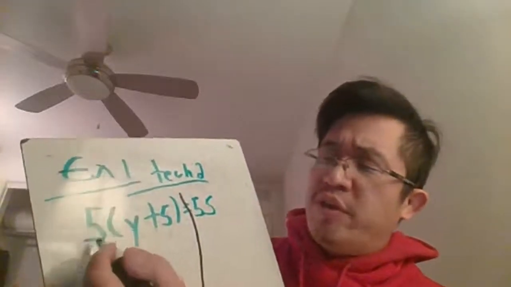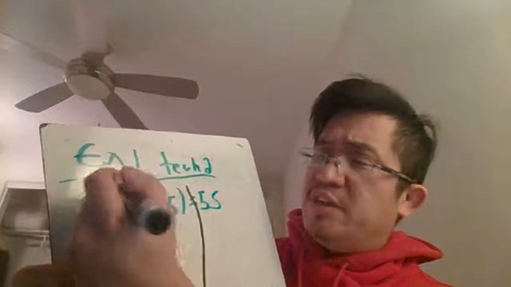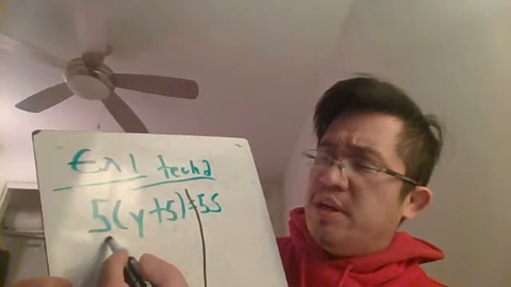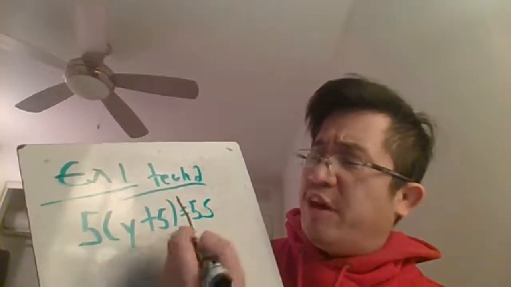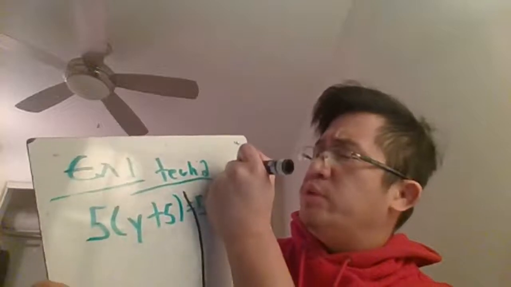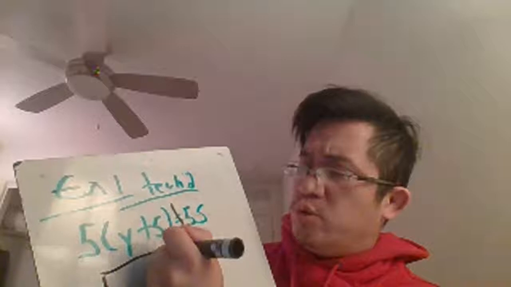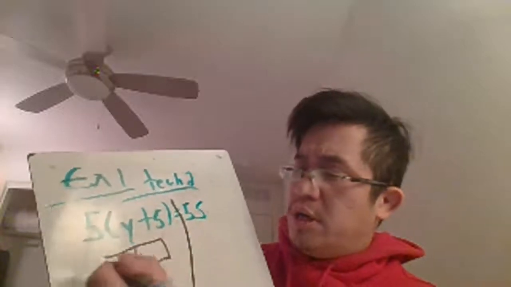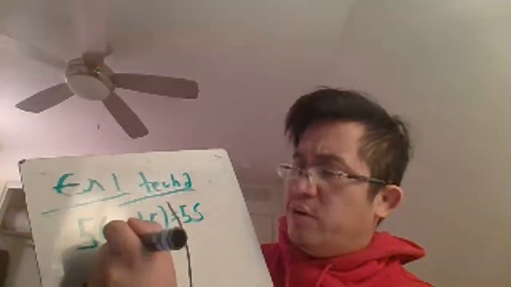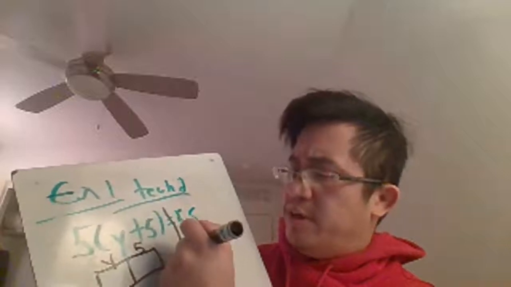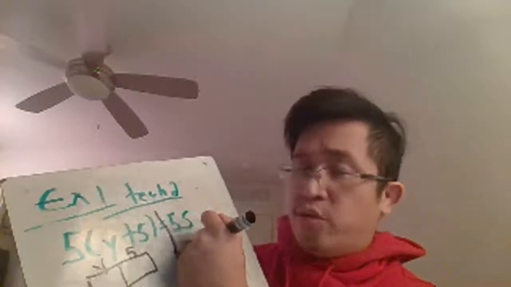But another way that you could look at this is you can distribute 5 times y and 5 times 5. So what we'll do on the side is I'll draw a rectangle right here. I'll write down 5, y, and 5, and I'll rewrite 55 right here.